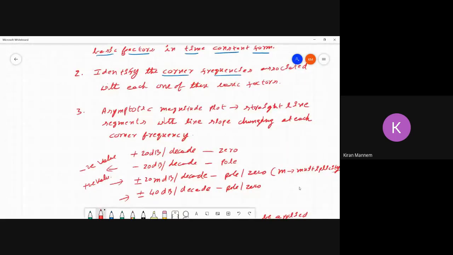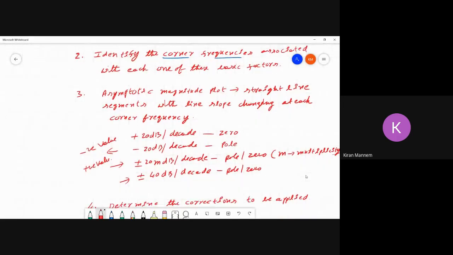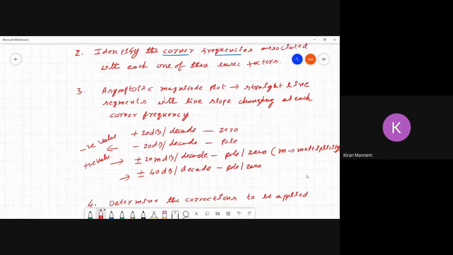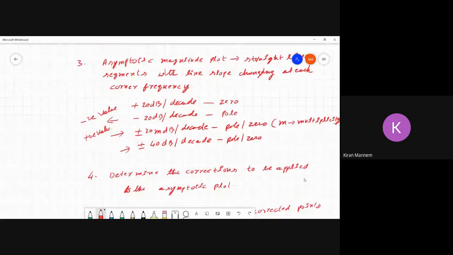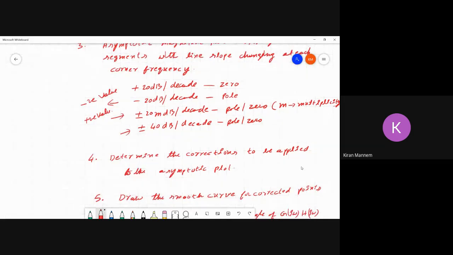Then draw the asymptotic lines, or straight lines, with the slope changing at each corner frequency. And we know from the basic factors, plus 20 dB per decade for a zero, minus 20 dB per decade for a pole, plus or minus 20 m dB per decade for a pole or zero with m as the multiplicity factor, and plus or minus 40 dB per decade for quadratic poles.